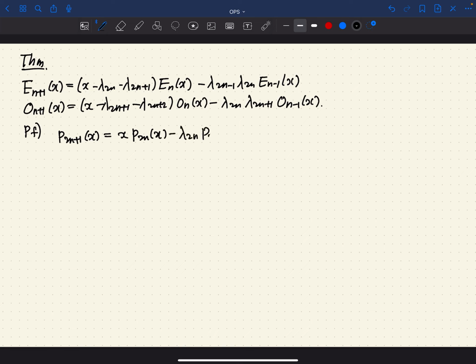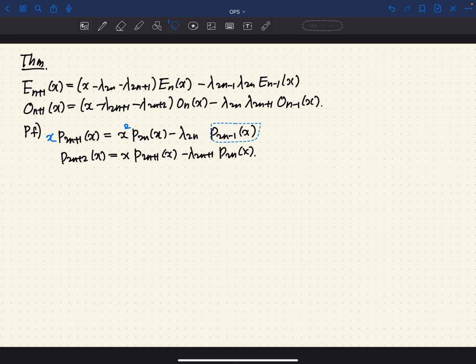This is the recurrence for Pn, and P2n plus 2 is this. But now from here, we're going to multiply by x for the first recurrence, just to make sure that's what we want.